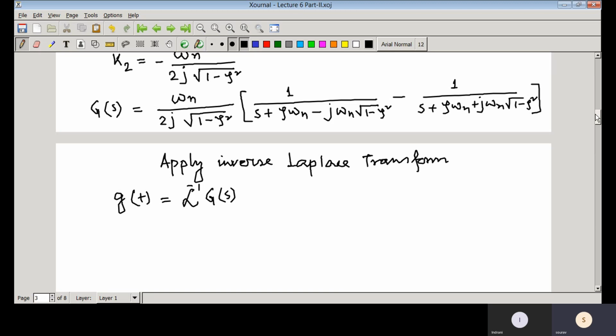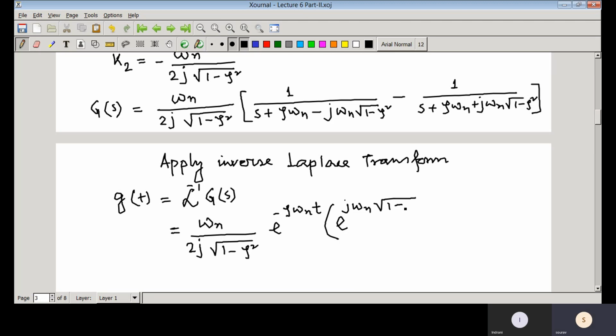Then just applying that formula that we have discussed in part 1, that g(t) equal to omega n, this is that common term, square root of 1 minus zeta square, e to the power minus zeta omega n t, exponential of that j omega n square root of 1 minus zeta square t.